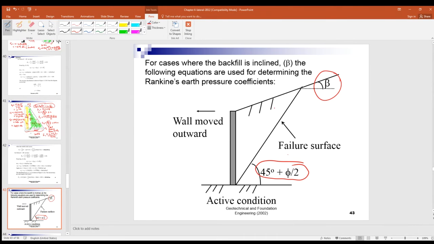Now, if the slope surface is at angle beta to the horizontal, then we can draw the failure surface at an angle here, right? We have just proved that. When the movement is going out, it develops the active pressure, the active state.